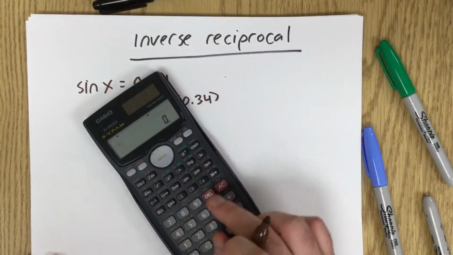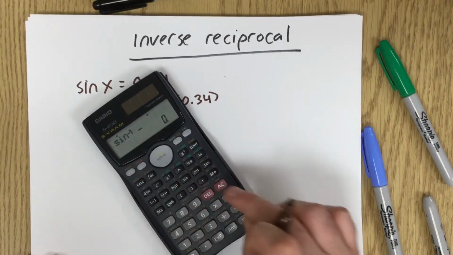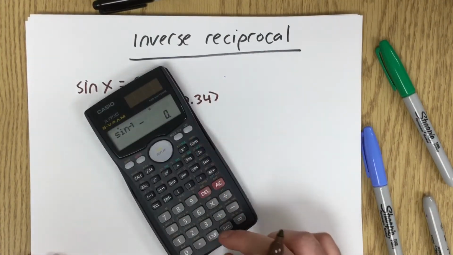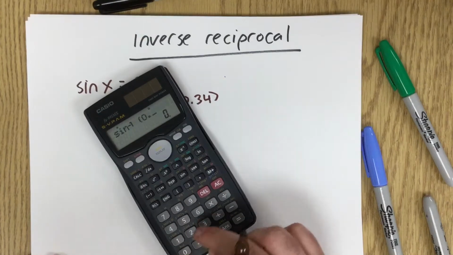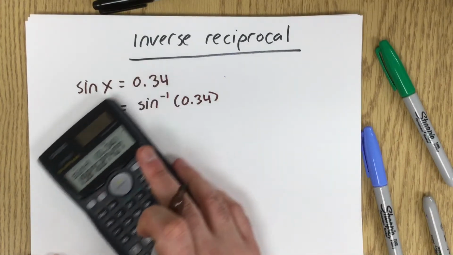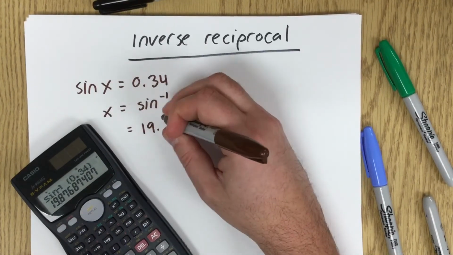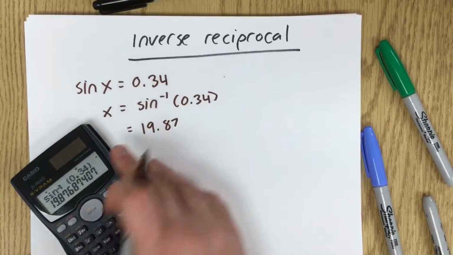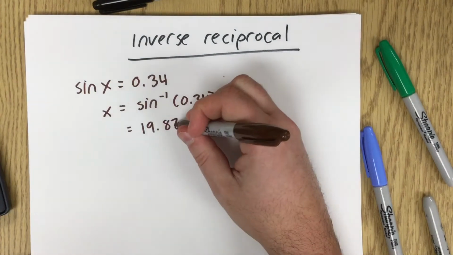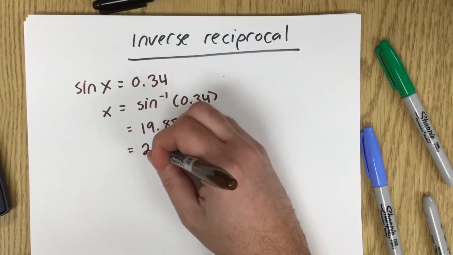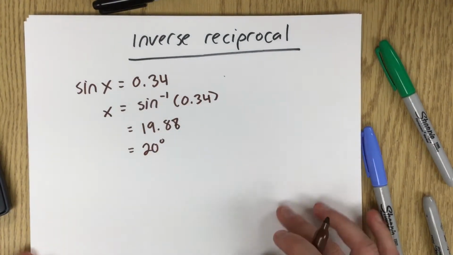You plug it into the calculator. Usually there's a shift key or a second function key. The inverse sine of 0.34, in this case, is 19.88, which is about 20 degrees.